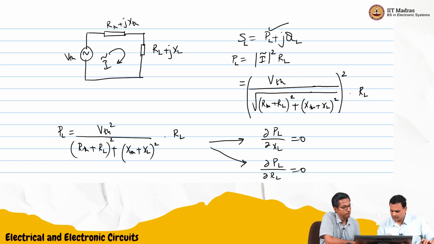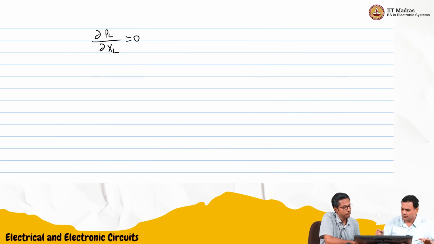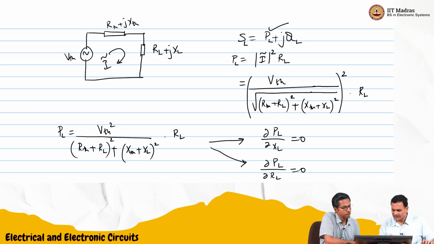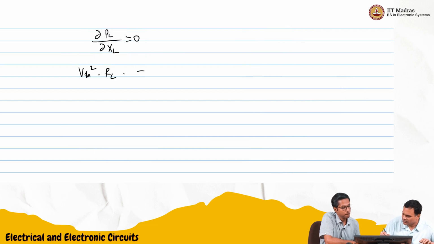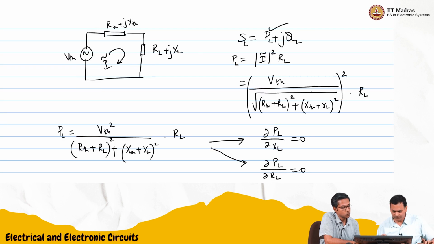VTH is not a function of XL, RL is not a function of XL. So VTH squared times RL, times minus 1 by the denominator whole squared.